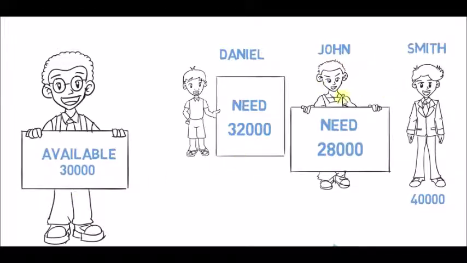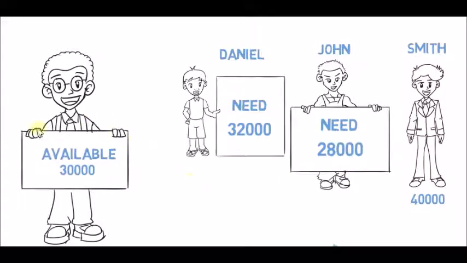Now John will return this money after some days. Suppose John returns the 28,000 rupees after 30 days with an installment cost of 4,000 rupees.